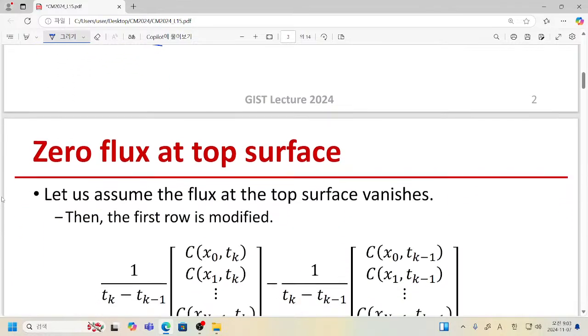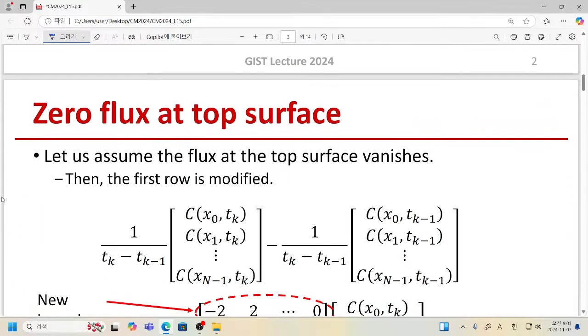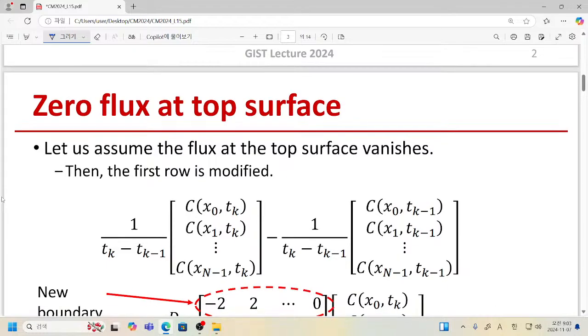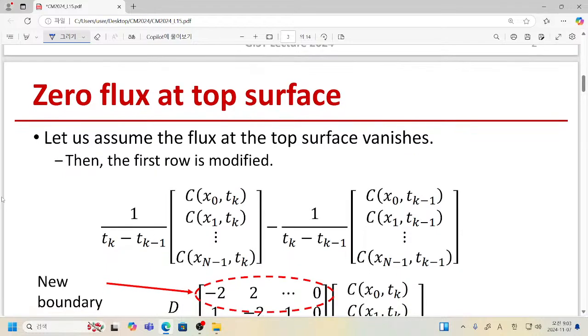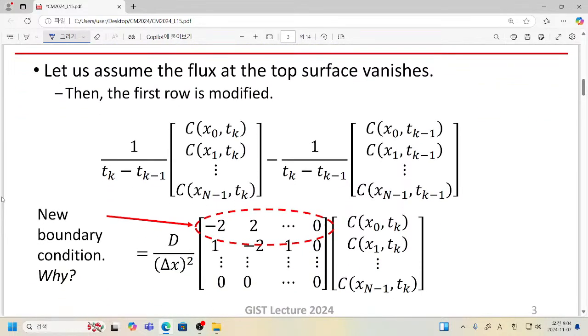Before starting the electric field discussion, let's get started with the boundary condition. I remember that one of our students came to me at the end of our previous lecture and asked me a question about boundary conditions. So now let's think about our previous boundary condition.